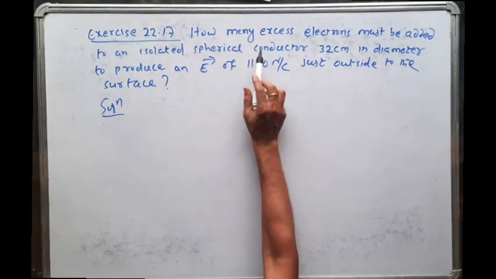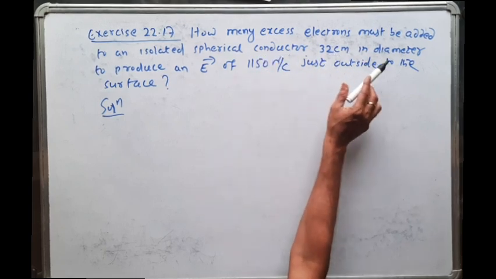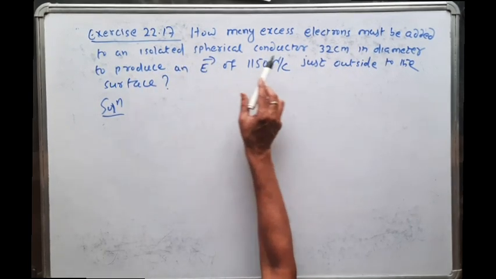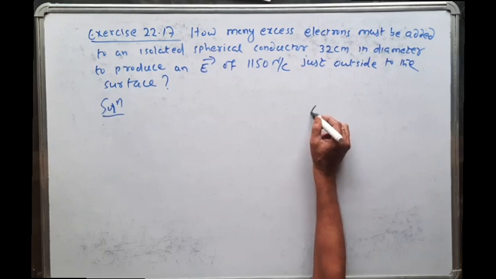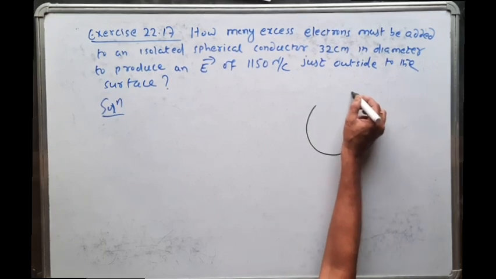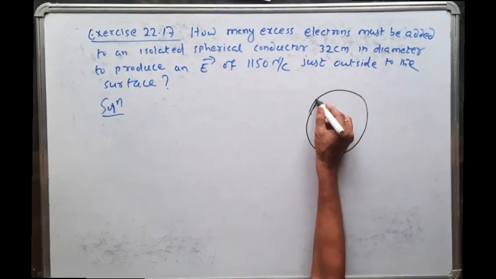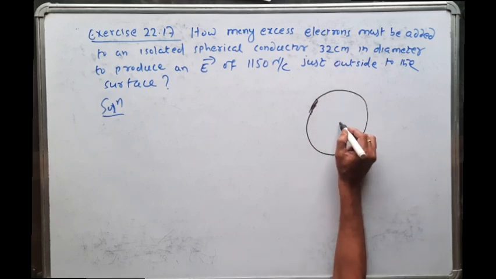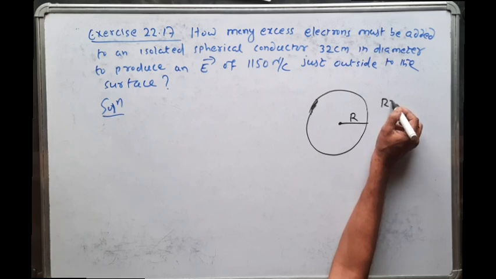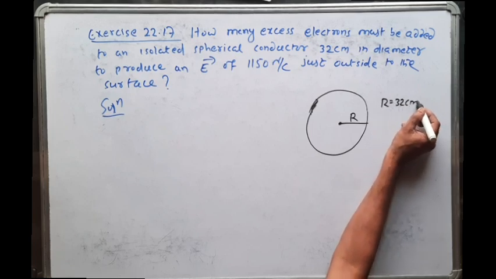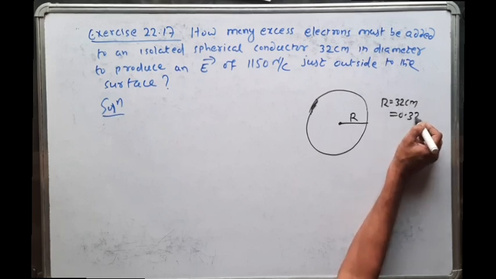The question is, how many excess electrons must be added to an isolated spherical conductor? You see, this is an isolated spherical conductor of radius 32 centimeter. So R is given as 32 centimeter, which is equal to 0.32 meter.